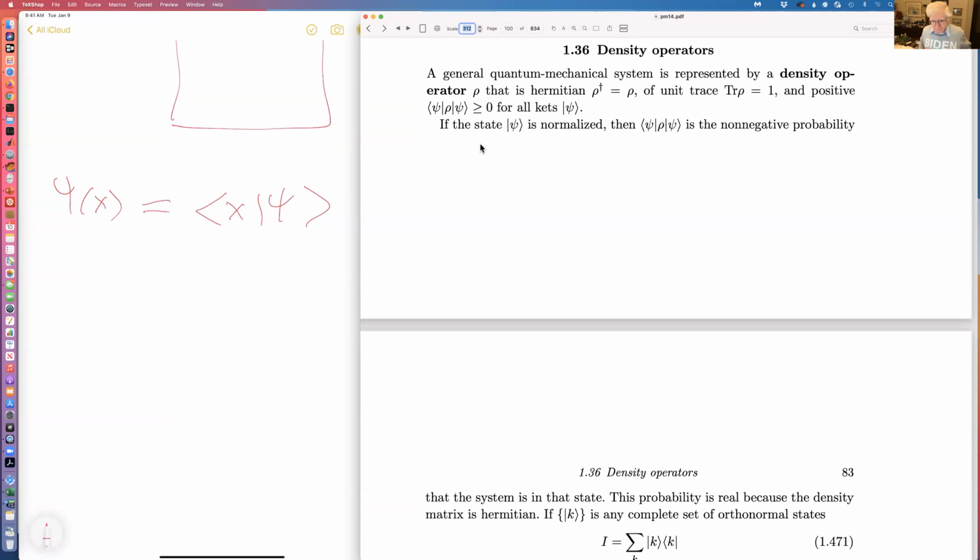The standard expression for a density operator is rho, and one says that the density operator should be Hermitian. It should have a trace equal to 1, and the inner product of psi rho psi should always be greater than or equal to 0.